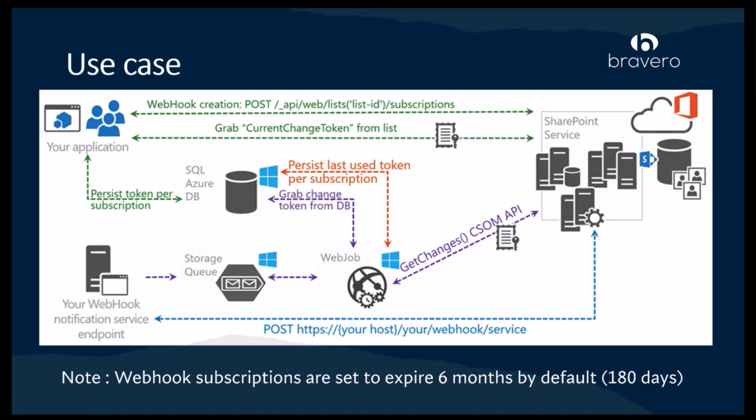I myself have used this in my previous projects where we had to manage all these subscriptions at hub level, which I had already presented in my last demo, but I thought to also implement it using an extension here today. When I said the word managing here, it is because the webhook subscriptions are set to expire after 180 days by default.